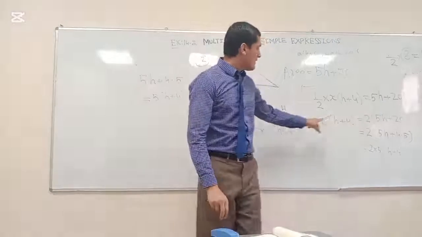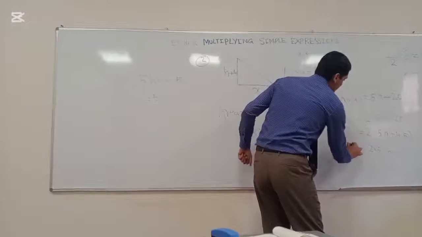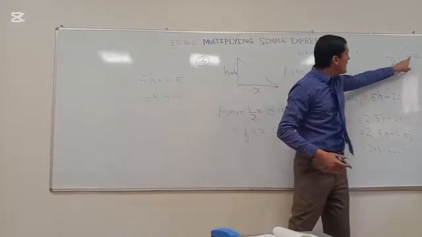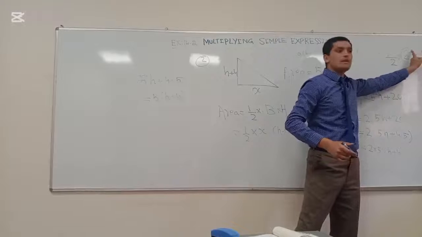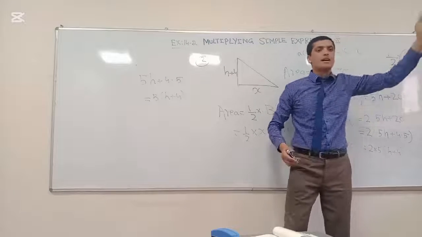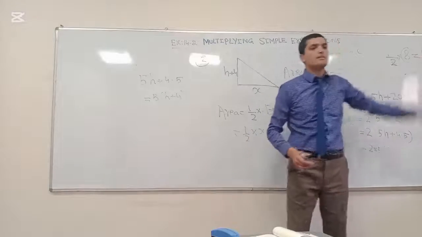Now again, divide both sides by h plus 4. We have learned the formula. We can divide both sides by this, because of the concept: if this is this, then this multiplied by this is actually this thing. So actually we can say we multiplied both sides by 2, because when you multiply both sides by 2, you get the same result.